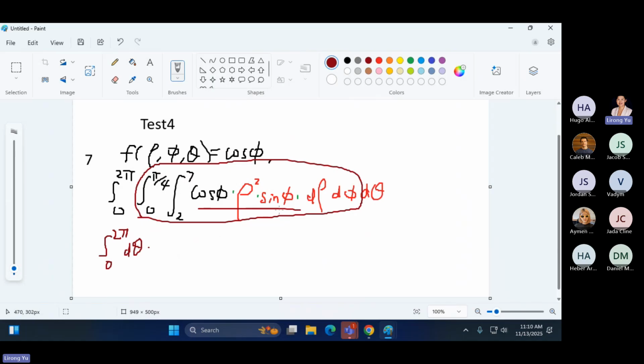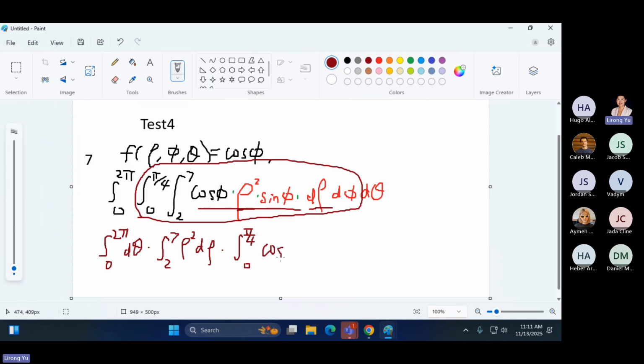Also, if you integrate d rho, it will be rho squared and then calculate from 2 to 7. And after you're done, that's the number that you can bring out of the integration. So then you can do it separately actually. So from 2 to 7, we have rho squared d rho, which is integrated after you finish the integration of the theta. The integration of d theta is 2 pi.